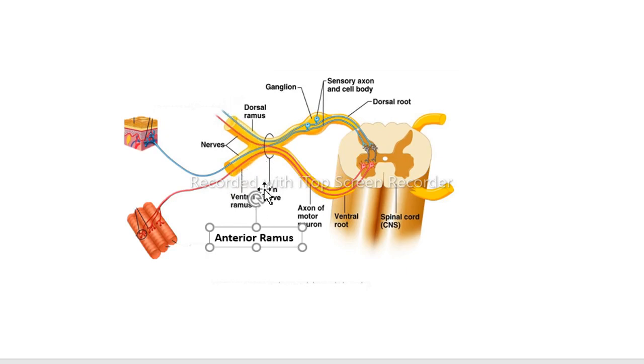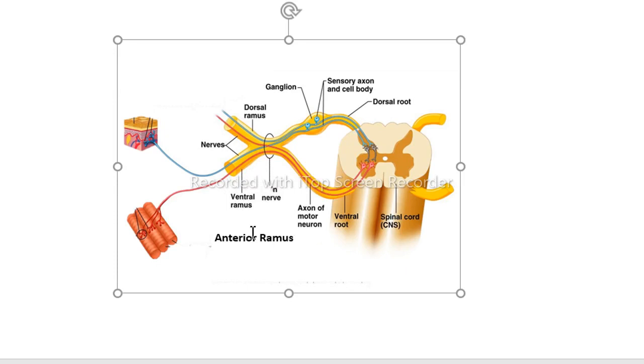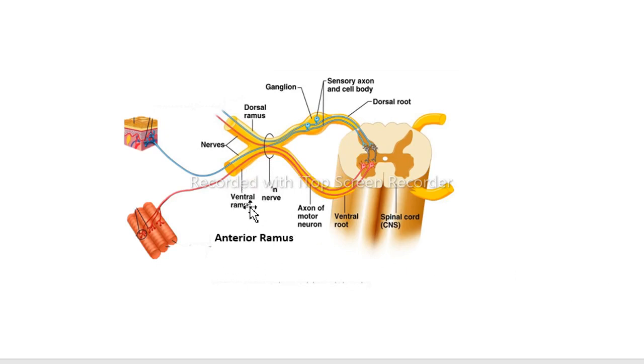The ventral ramus is also known as the anterior ramus, and the dorsal ramus is also known as the posterior ramus.